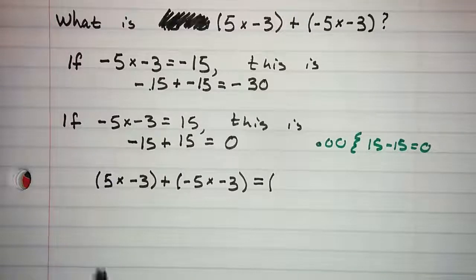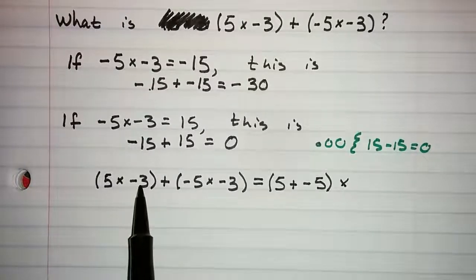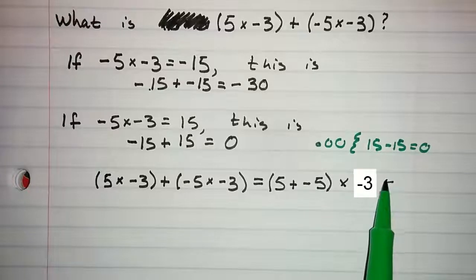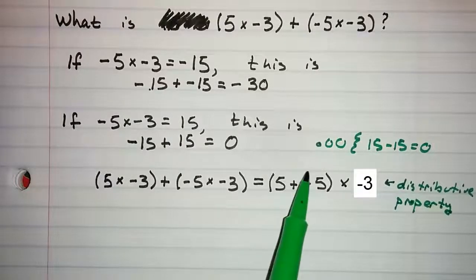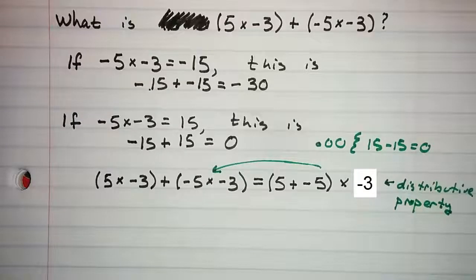That's the same as adding these two numbers together and then multiplying the result by this common number. Do you remember what that was called? That was called the distributive property. Usually we think about the distributive property going this way, but equal signs work both ways.